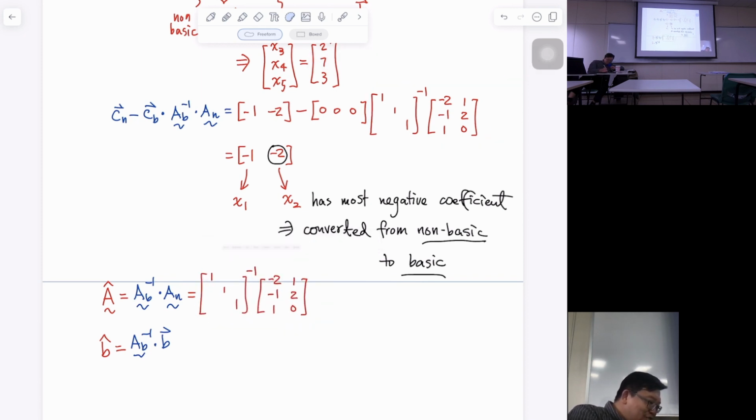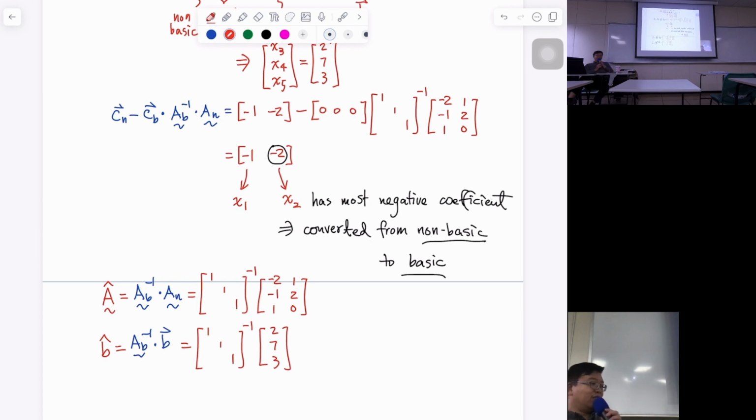It's super lazy. And this part will be copy and paste. So your B is 2, 7, and 3, right? Okay. So at the end, basically, it changes nothing.